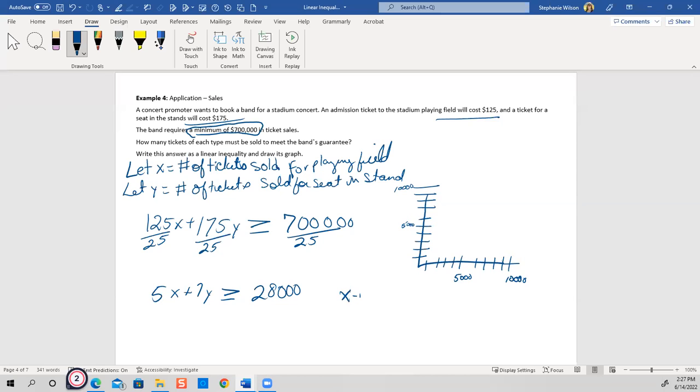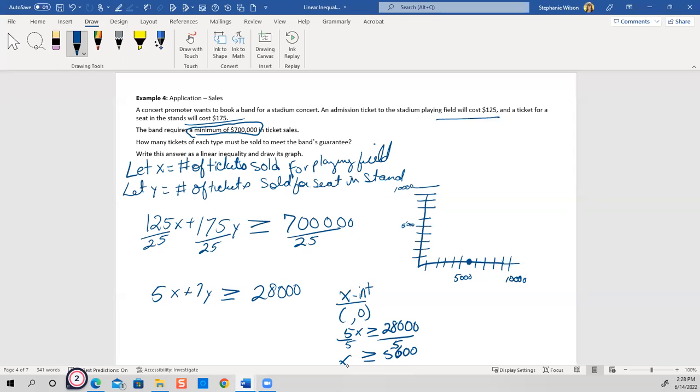I'm going to look for the x-intercept first. I plug in 0 for y, so that gives me 5x is greater than or equal to 28,000. When I divide by 5, we get 5,600. So x is greater than or equal to 5,600, which is a little bit over half.